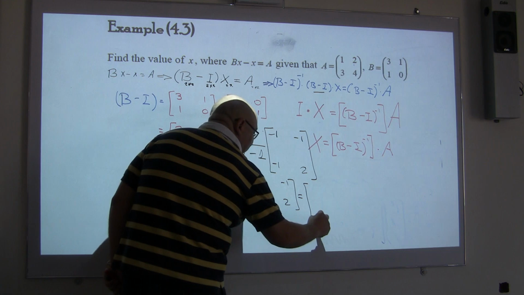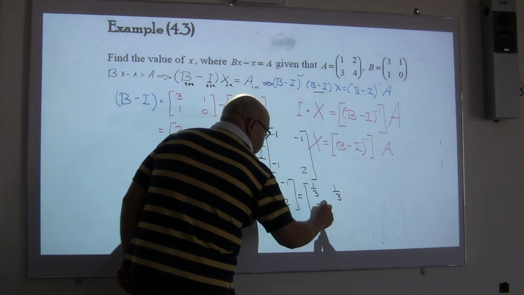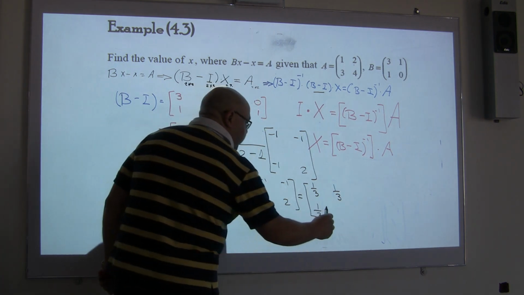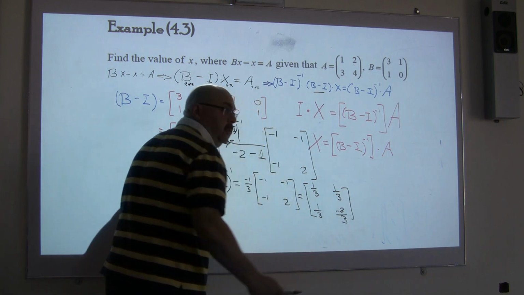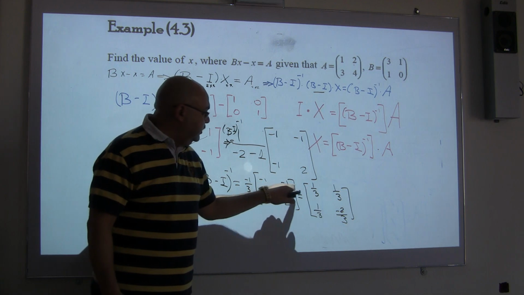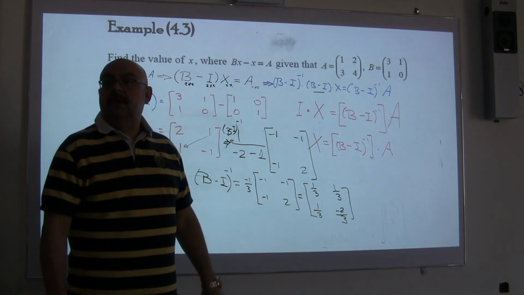And so you will have 1 over 3, 1 over 3, 1 over 3, I believe, please check the signs with me, negative 2 over 3. Am I right? Or did I do something wrong? Right. Negative, negative, it's going to be positive. Negative 1 over 3 times negative is positive. Okay, we are done.